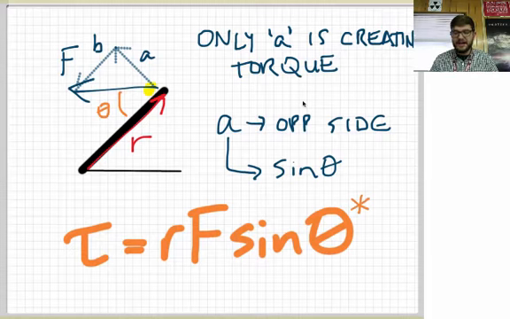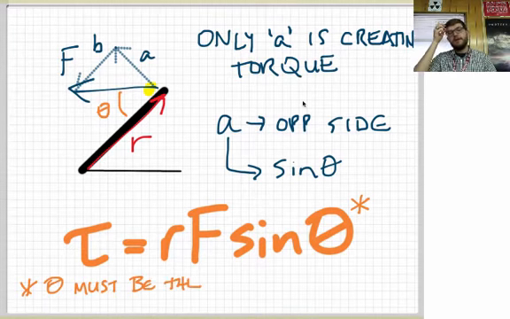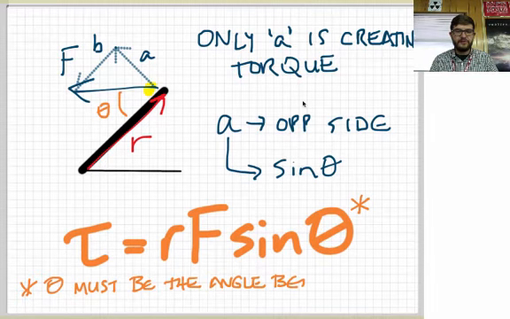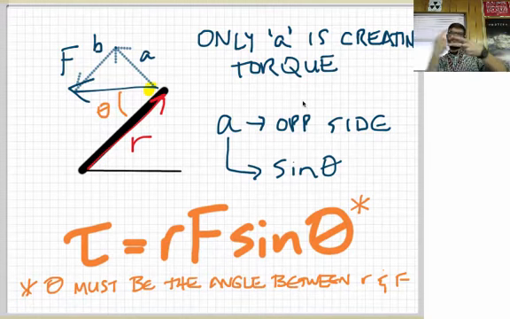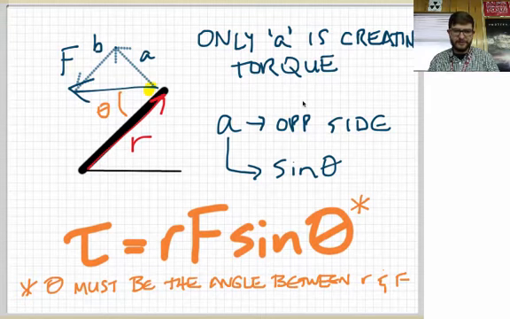But there is a caveat on that angle: the only angle that you're allowed to use is the angle between R and F. So if they give you a different angle, you have to use your geometry, like the parallel axis theorem, where you have two lines and this is equal to that. You have to use your geometry skills to find the angle between F and R.